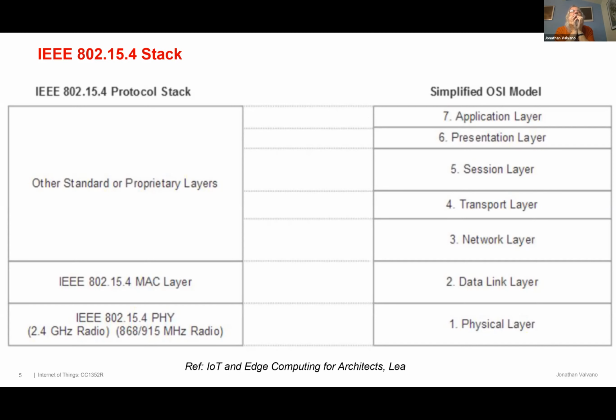Define to me what a layer is. What does a layer mean to you? Some abstraction in which we can think about a system. Yeah, this is an abstraction, an abstractive thought.